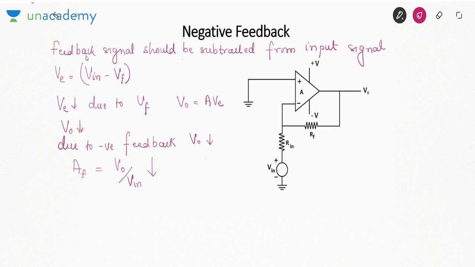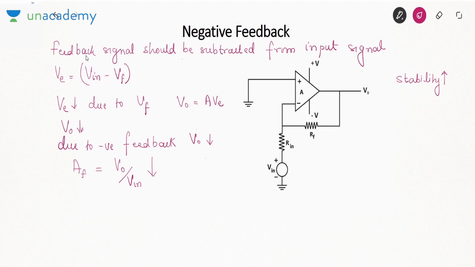Okay. Now why we want to reduce the gain? To increase the stability. Because I told you the open loop gain is very high. Okay. And if it is that much high, there are high chances that the output will saturate. I told you the linear region of the amplifier is very small. Most of the times it will saturate. And saturation is undesirable because we want output to be proportional to the input. What is the basic purpose of amplifier?